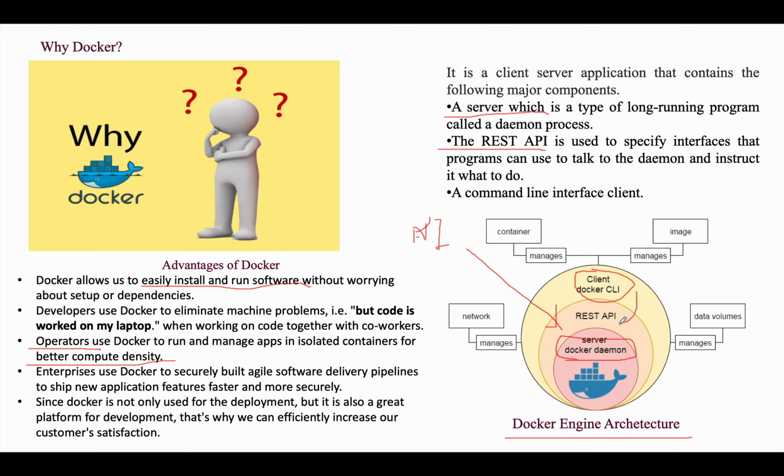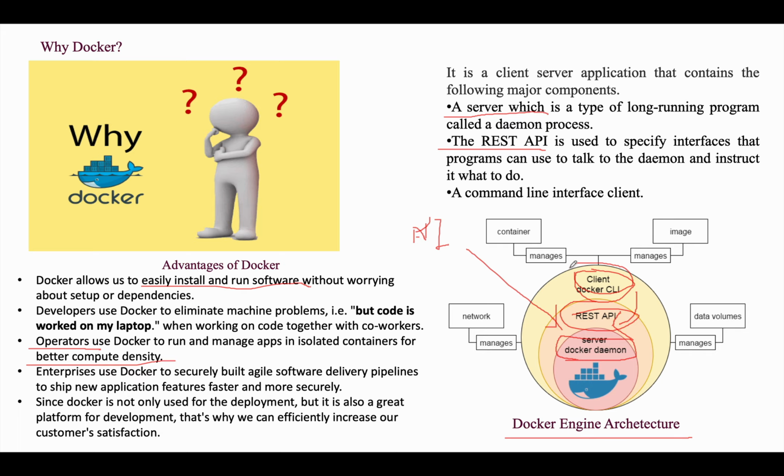With the REST API, we interface with the Docker daemon. The third is the command line interface client. This is the REST API, and this layer is the client, the Docker command line.